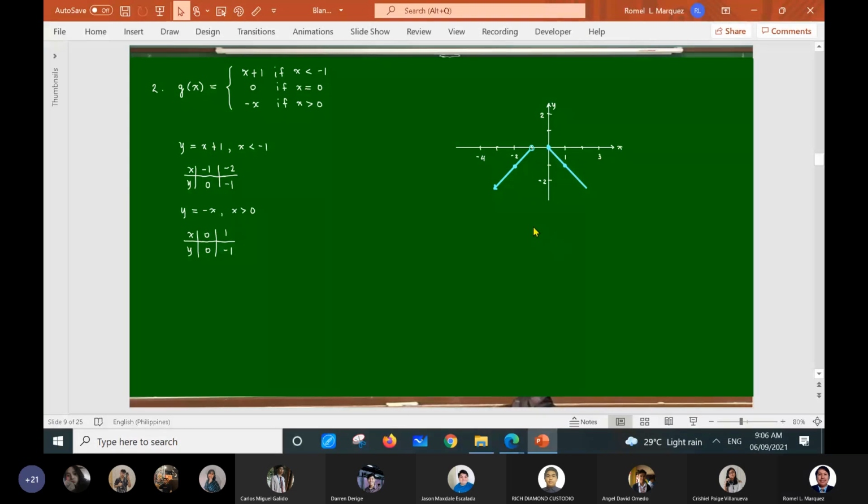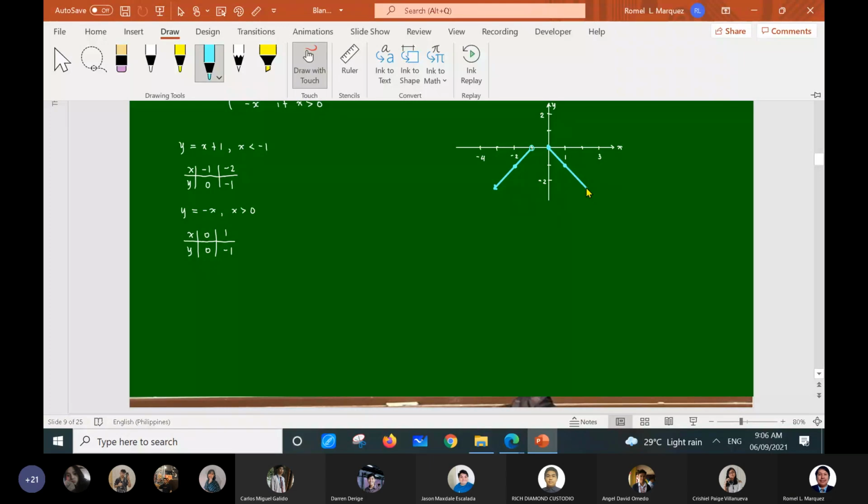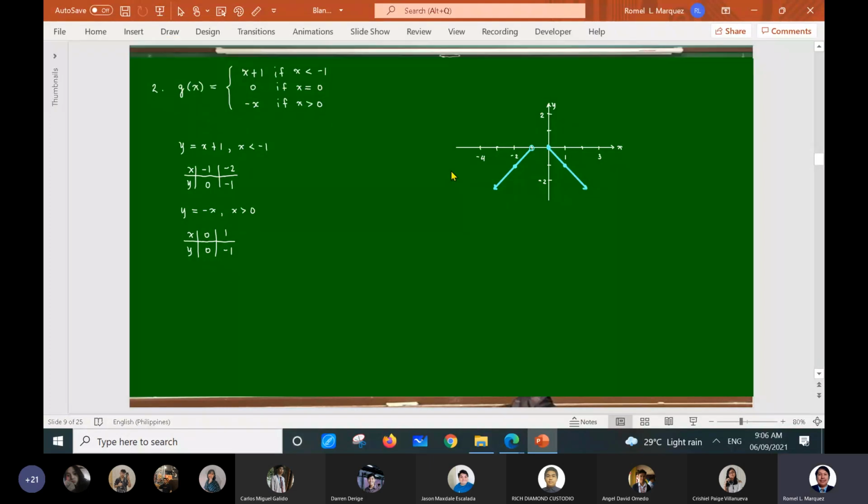Okay, guys? What do you think is the range, children, and the domain? Domain first. Domain, negative infinity to negative 1, but that's not included, no? Union with, we include 0, right? To positive infinity. Yes, sir. What about the range?